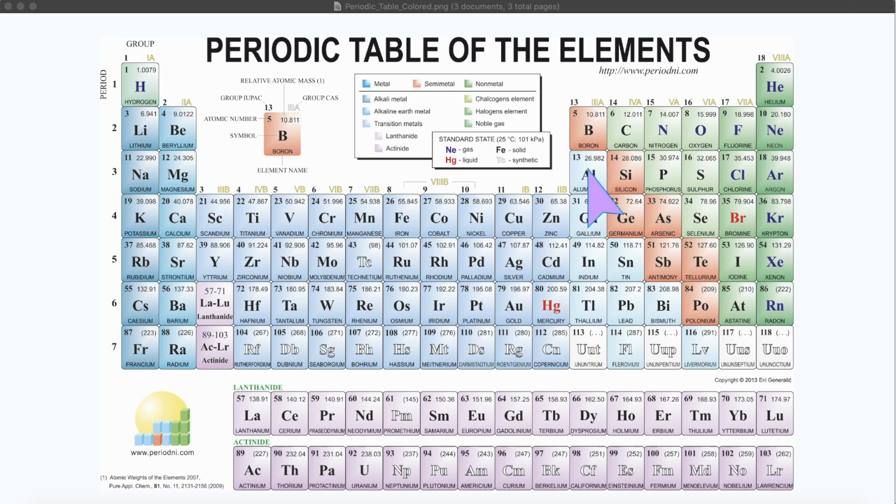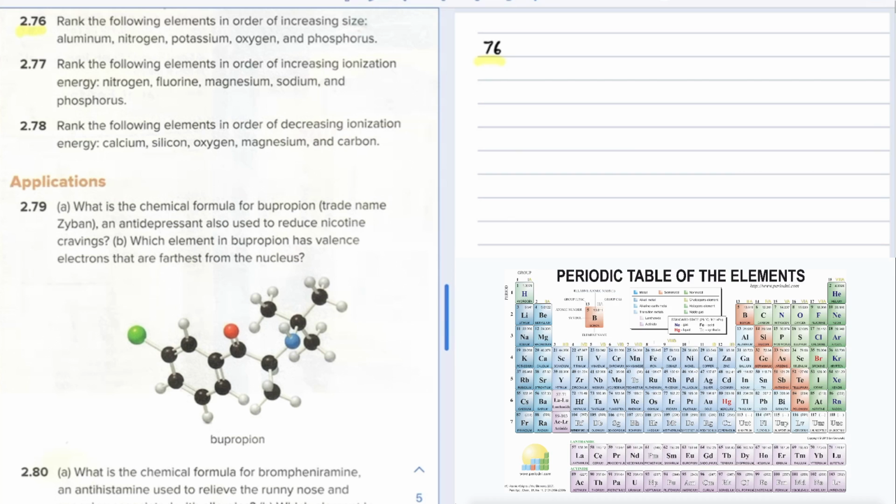So you keep track of this. I'm going to point to them. Aluminum, nitrogen, potassium, oxygen, and phosphorus. So out of all those, it looks like potassium is closest to the big corner. So I'd say potassium is the largest one. So let's bring this back now, and there we go. So there was potassium right there.